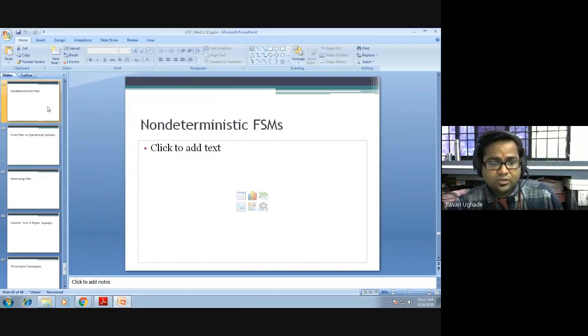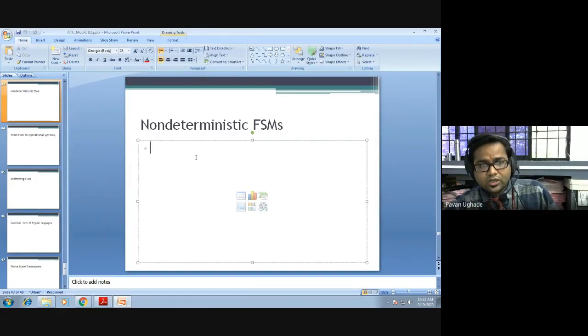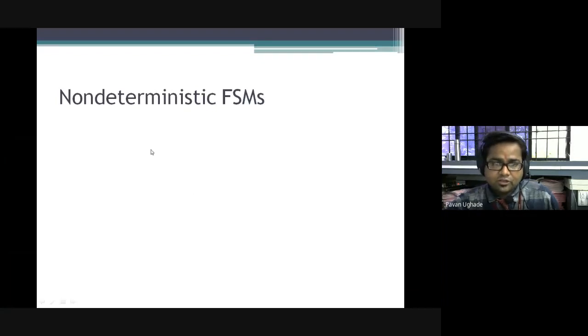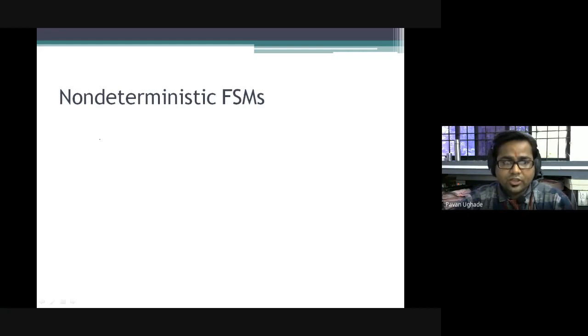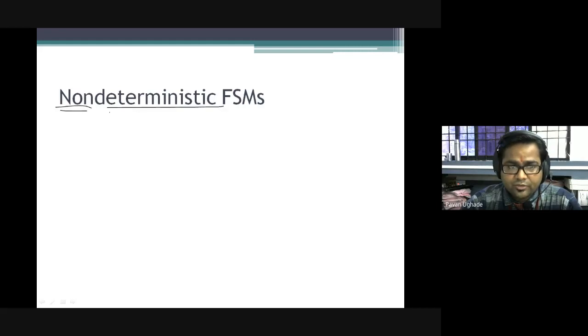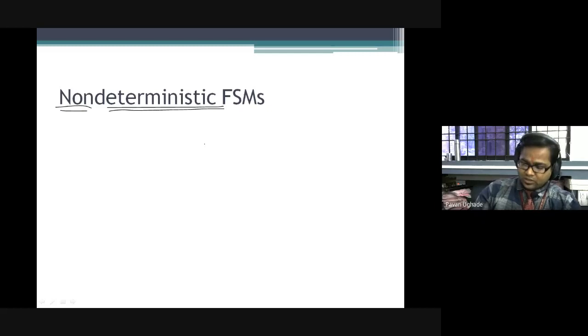Here, in this non-deterministic finite automata, again it is a five tuple. It is also a five tuple. If you divide the word non-deterministic, can you tell me what it means? We have seen deterministic finite automata, and today we are going to start with non-deterministic finite automata.